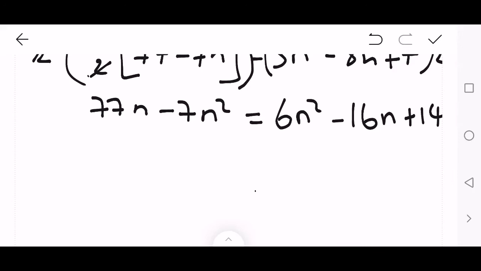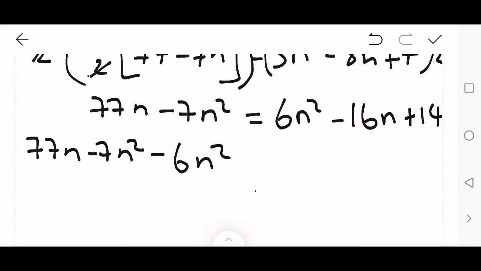Now we can move everything to the left hand side, so we'll have 77n minus 7n squared, minus 6n squared plus 16n minus 14, equals 0.